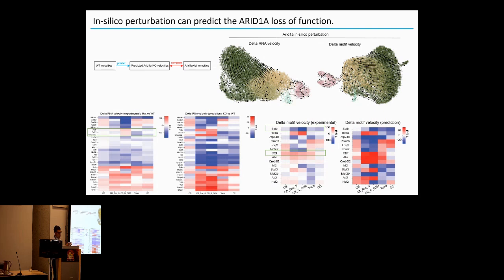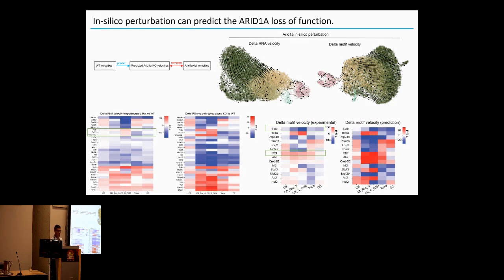And very interestingly, the two genes that we see here, SMARCA2 and ACTB, are also part of the BAF complex, like ARID1A. So they are working together. And also we can predict accurately that CTCF goes up and the SPI1 or SPIB motif goes down. Which is very interesting to see, that we can validate some of these in silico perturbations.